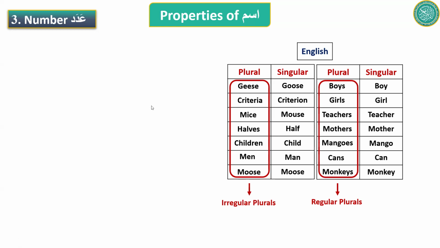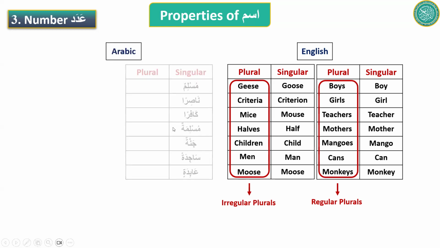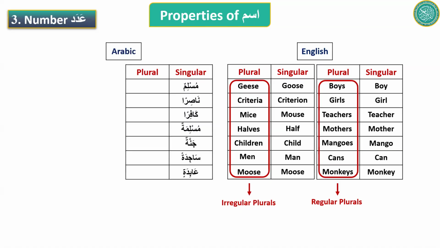Tanjeen, are you there? Assalamu alaikum. Walaikum salam. Muslimun, plural. Muslimuna. Nasiran, plural. Nasirina, very good.